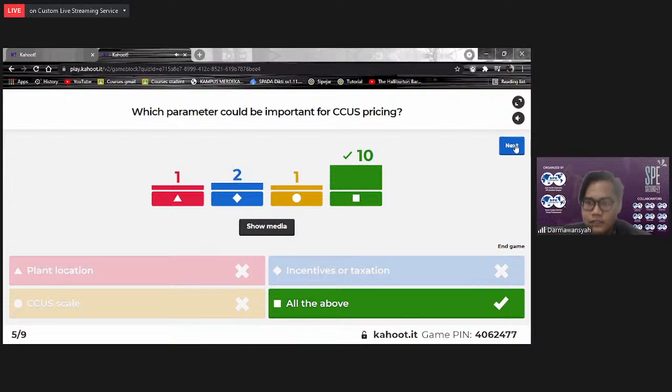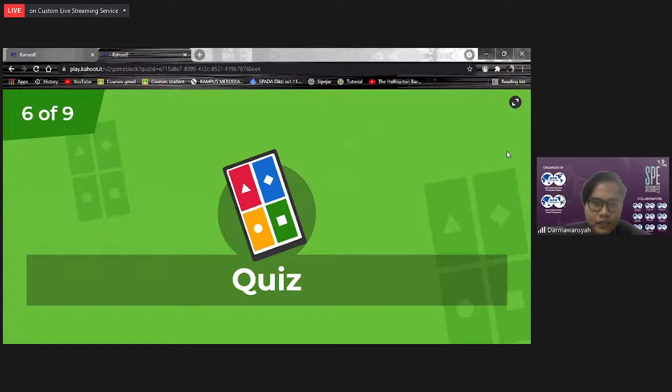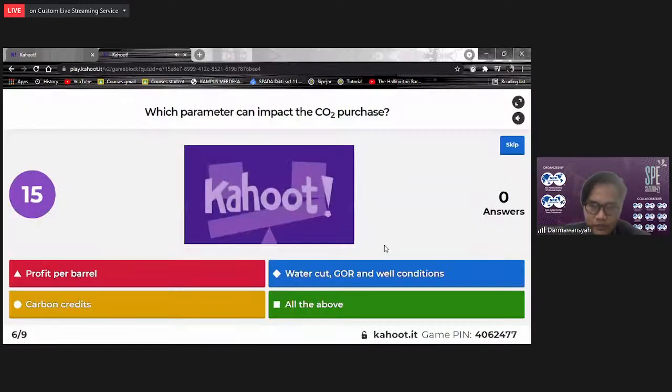Okay, we move to the next. Now Carabinieri is leading, followed by Technician. Okay, the sixth question. Which parameter can impact the CO2 per case? Is it profit per barrel, water cut, GOR and well condition, carbon credits, or all of the above?